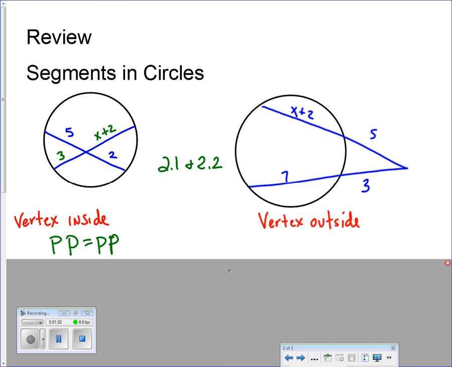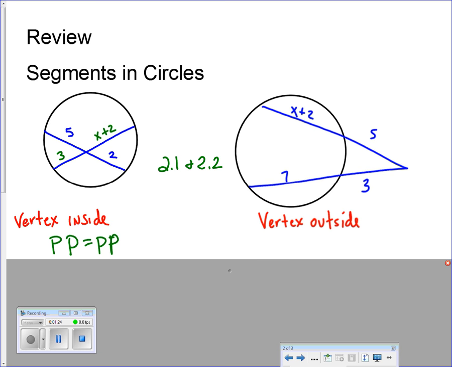Over on the right-hand side, we have this scenario where the vertex is on the outside, and again, we're looking at the segments. As I'm doing this review, see if you can confirm in your head, do you know what the relationship is before I write it? If you don't, then you need to go back and watch those videos and do some more practice.